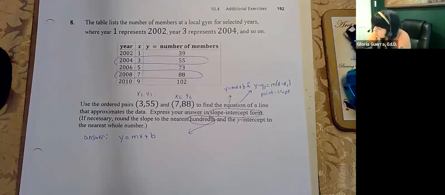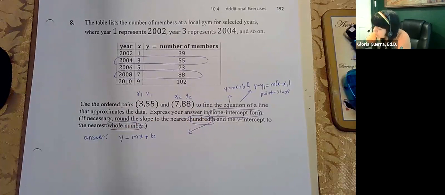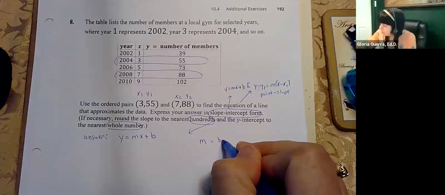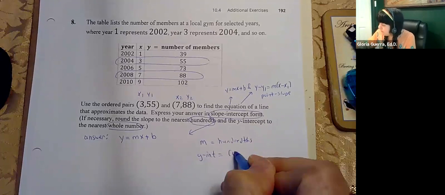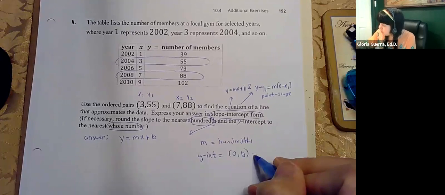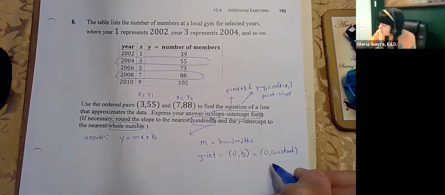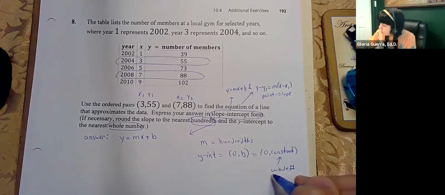Because this is an application, sometimes they will allow you to terminate at a certain point. They're talking about hundredths place and whole numbers. Hundredths for M, so M is going to be to the hundredths place value, whereas the y-intercept, which is b, a constant, they want you to round off to the nearest whole number.